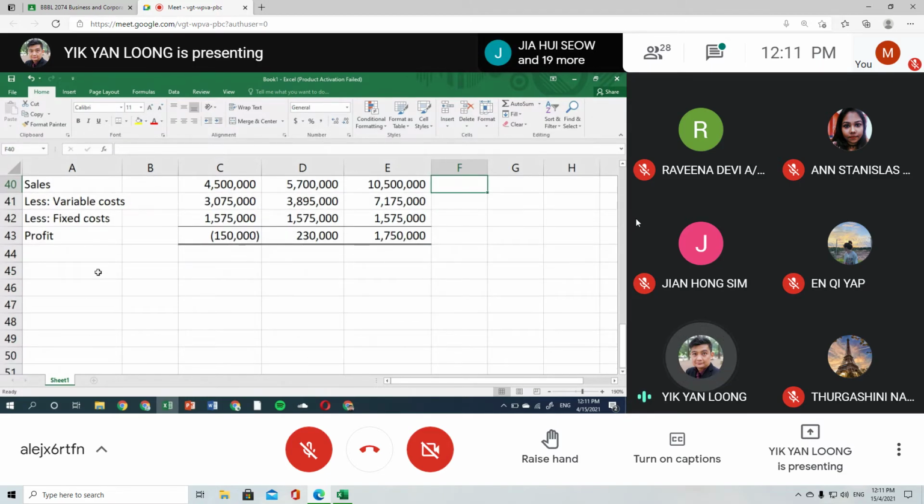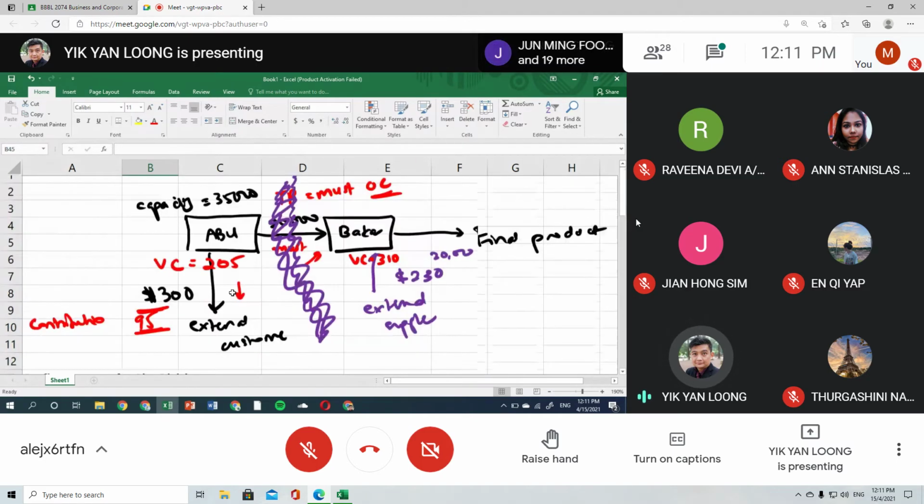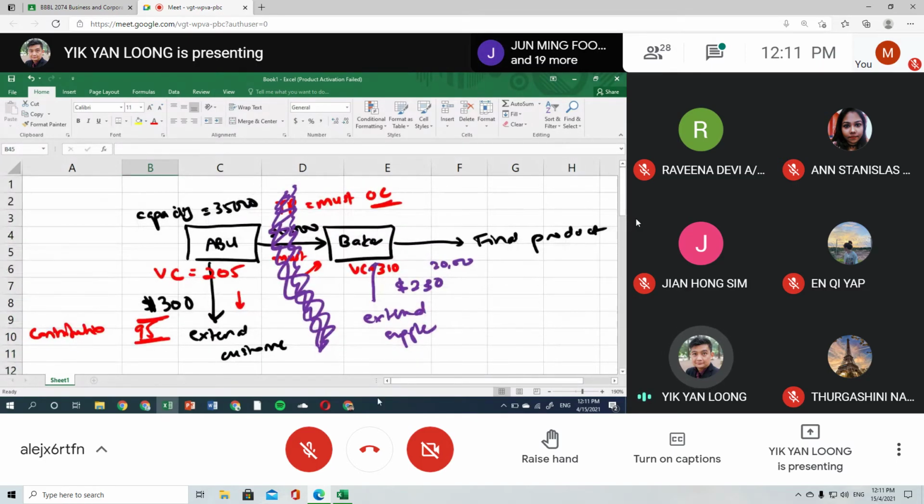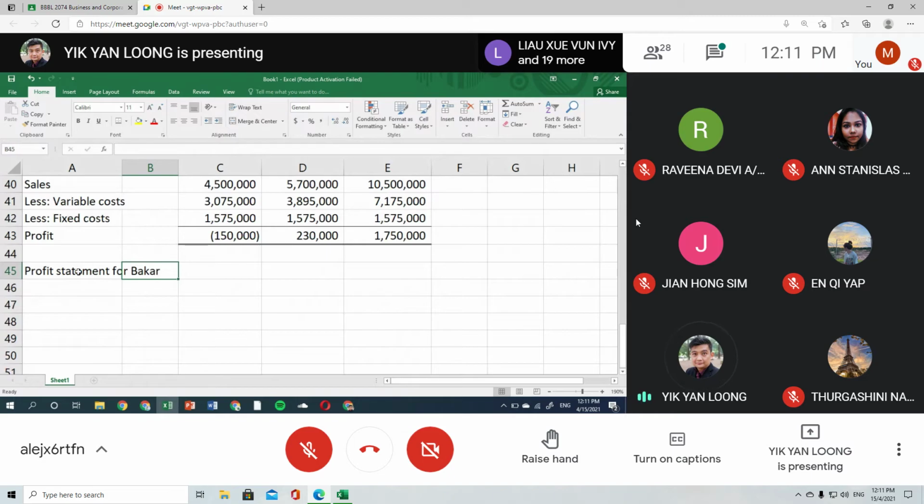Now, from Bakar's point of view, the profit statement for Bakar. So we're going to assume Bakar will be a standalone division. So Bakar will sell the final product, which is 10,000 units. Then all the components will be purchased from external supply at 230. Okay, so profit statement for Bakar.